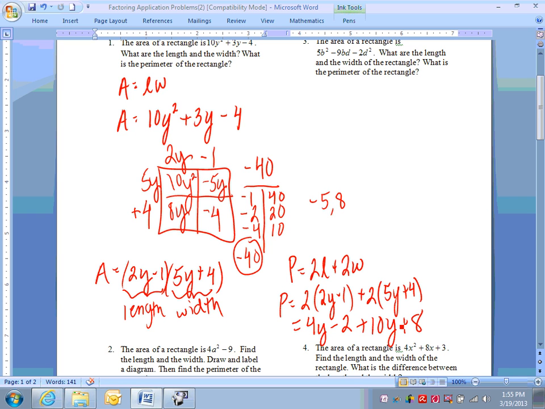And can anyone tell me what the next step is going to be? What do I need to do with my terms? Combine like terms, right? So when I combine the 4y and the 10y, that gives me 14y, and then the negative 2 plus 8 is positive 6. So my perimeter is 14y plus 6.